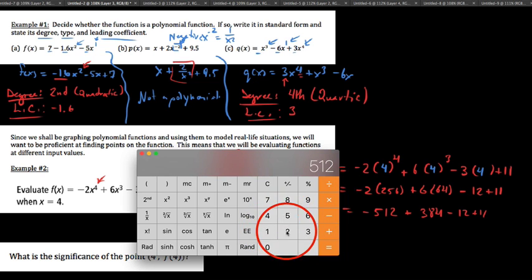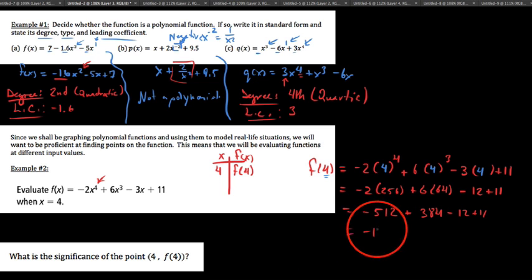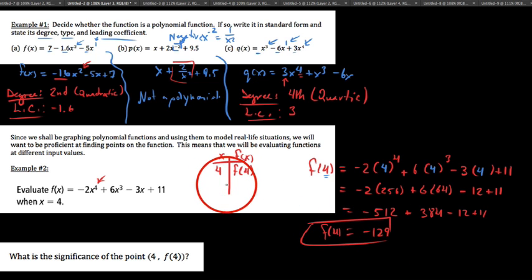So we have negative 512 plus 384, minus 12, plus 11. And so we get negative 129 if I've not hit any buttons incorrectly here. But evaluating this, we could rewrite this table and say that this is really 4 comma negative 129.